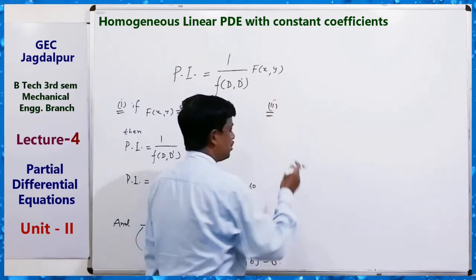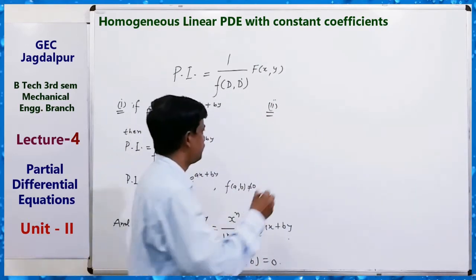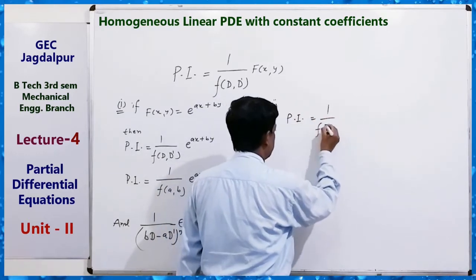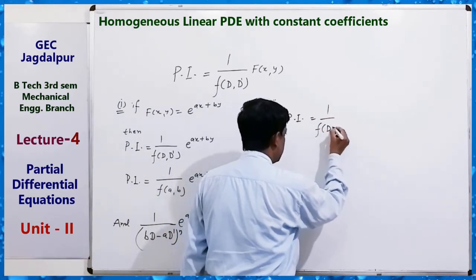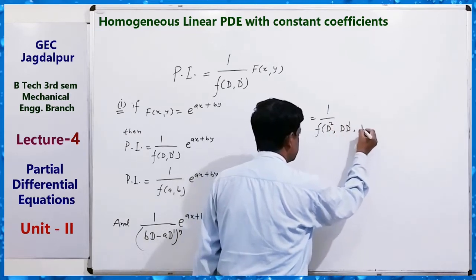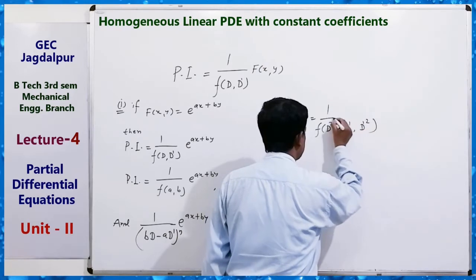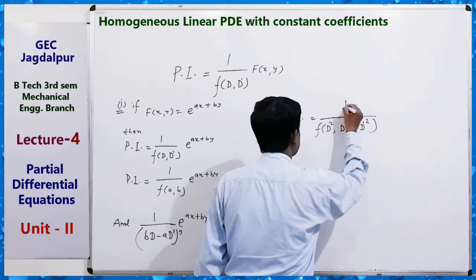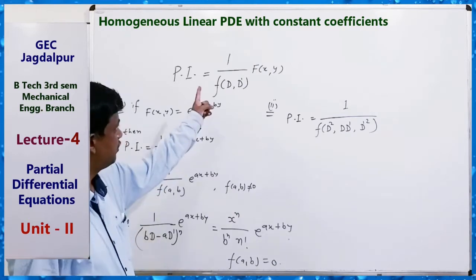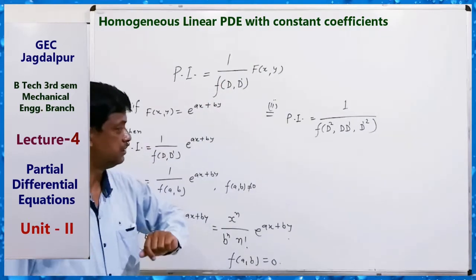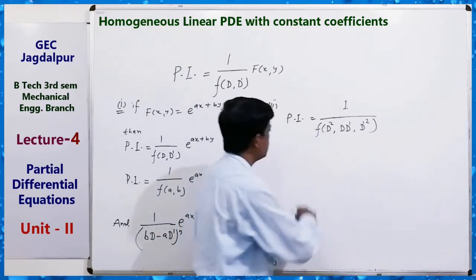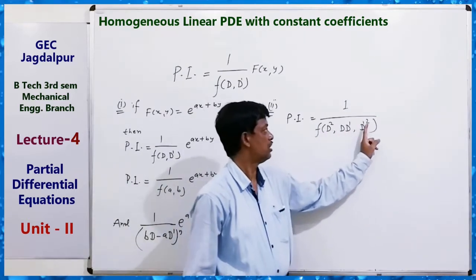There is a particular formula also for sin x and cos x. The particular integral equals 1 upon f. If we can write it like this, in terms of D squared, DD', D' squared. Suppose f(D,D') can be expressed like this: D squared, DD', D' squared.